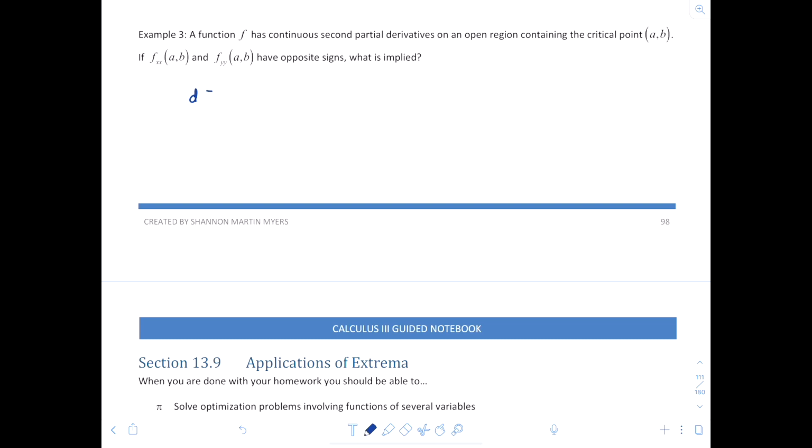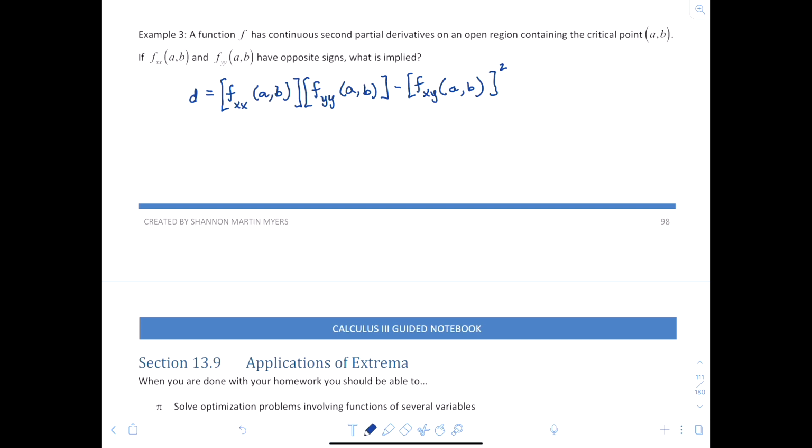D is equal to fxx at A and B, right? Times fyy at A and B minus fxy at A and B, the quantity squared.